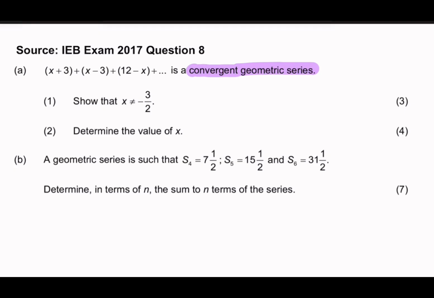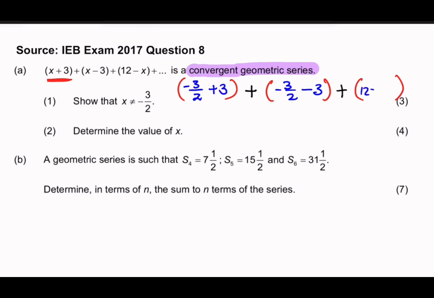So if it is that, then you're going to replace x by negative 3 over 2 in the first term. That's the first term from there. Then let's add the next one, where again we replace x by negative 3 over 2, minus 3, and let's keep going with this. We do the next one, which is going to be 12 minus the negative 3 over 2.